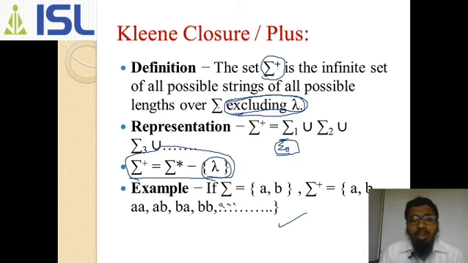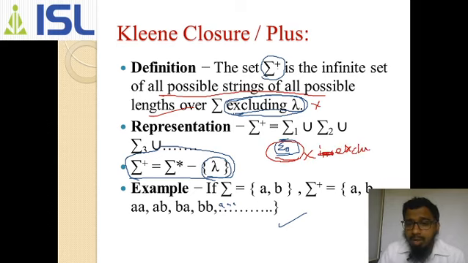But it removes the lambda, so sigma 0 is excluded, and lambda is excluded. These two things are excluded, then we get sigma plus, which is sigma 1 union sigma 2 union sigma 3 and so on.